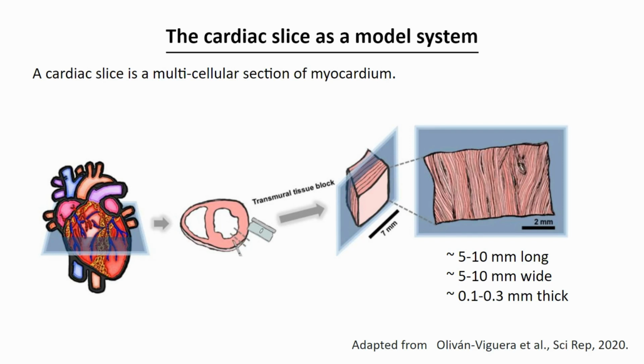With the tissue being so thin, the diffusion distance for metabolites and byproducts is quite short, and there's no worry of unintended hypoxias. We'll see more detail of cardiac slice preparation a little bit later in this talk.